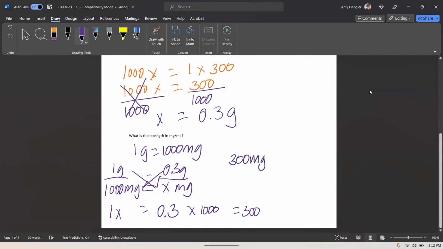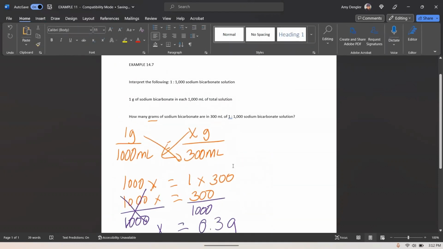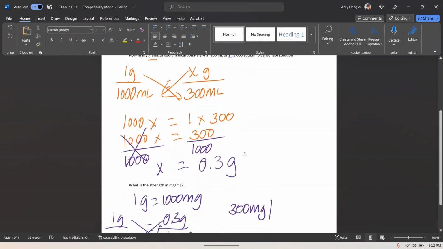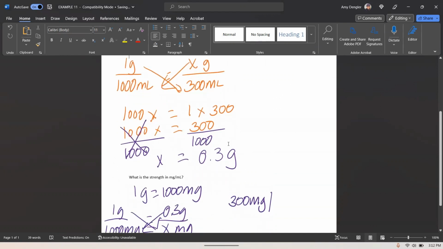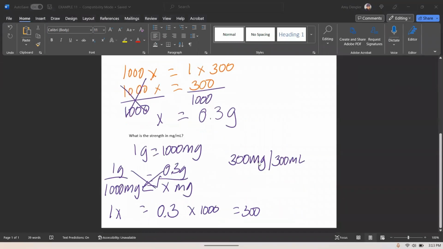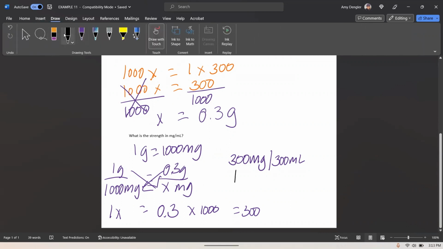So our strength is 300 milligrams over 300 ml. So then we have 300 milligrams per 300 ml. So that is technically the strength, but we can further reduce that by 300 and 300 going into each other once. So our strength is technically 1 milligram per 1 ml.